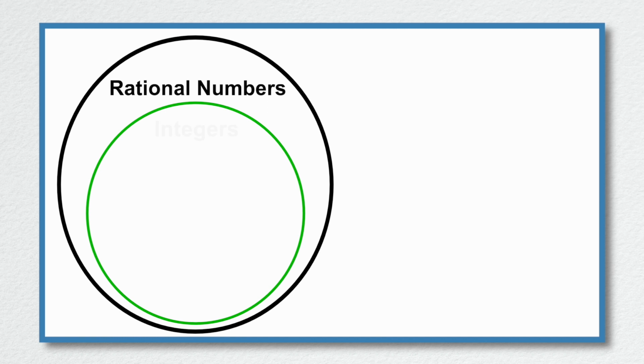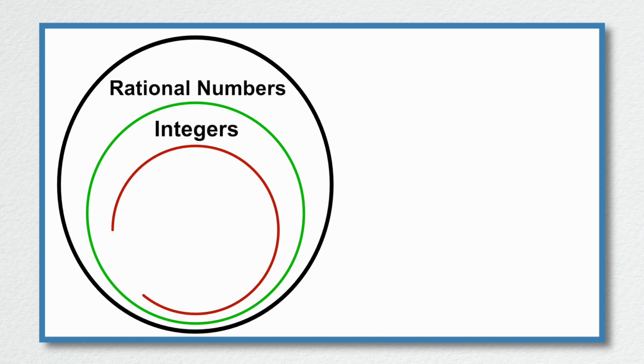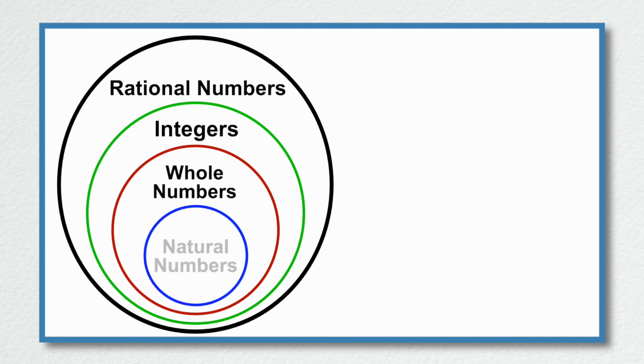Integers are a subset of rational numbers. Whole numbers are a subset of integers, and therefore a subset of rational numbers. And, of course, natural numbers end up being a subset of whole numbers, which also means that natural numbers are a subset of integers and a subset of rational numbers.